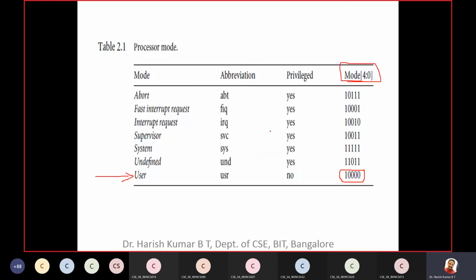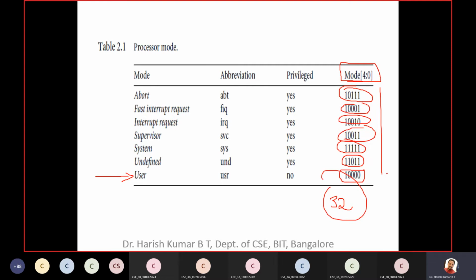Similarly, whenever you write some instruction which is not identified by the ARM controller, it enters into the undefined state by changing the mode bits to something like this. And if you make all of them 111, it is the system mode, then supervisory mode, then interrupt request, fast interrupt request, abort. Like this you can have 32 different modes, but as of now only 7 modes are supported.